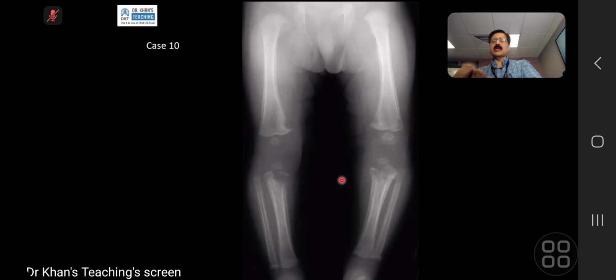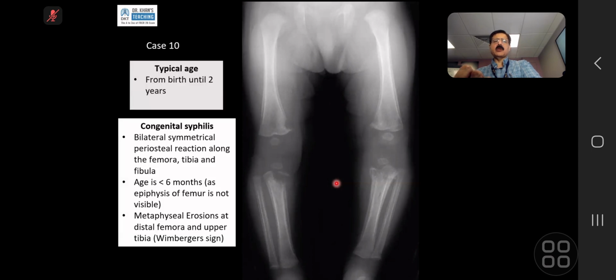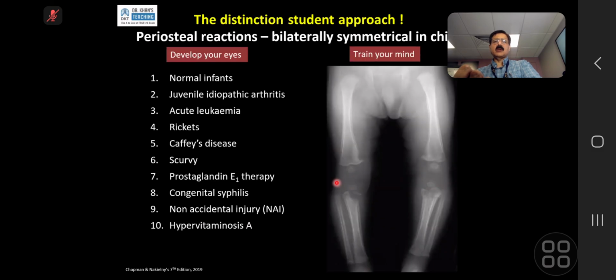So indirectly, you're telling the examiner that you did consider these things in your differential, but have ruled them out. In the end, you will say that the findings are pathognomonic for congenital syphilis. End of story. And if the examiner drills you, you will stay firm. So this is congenital syphilis and nothing else.